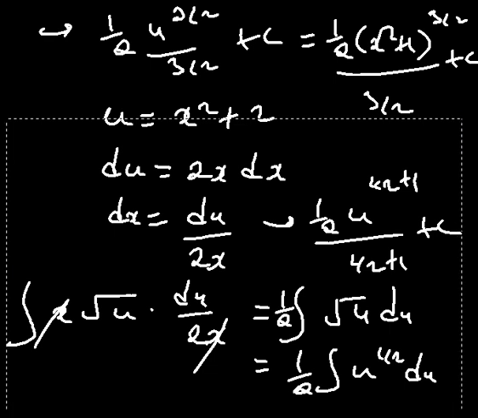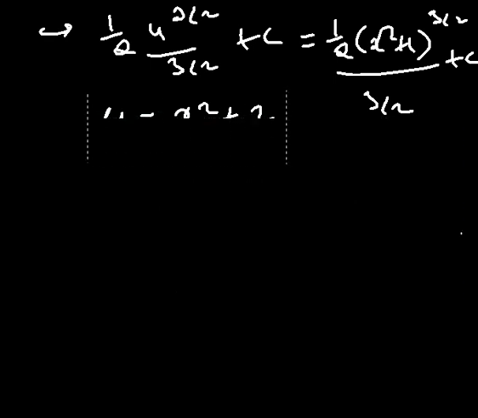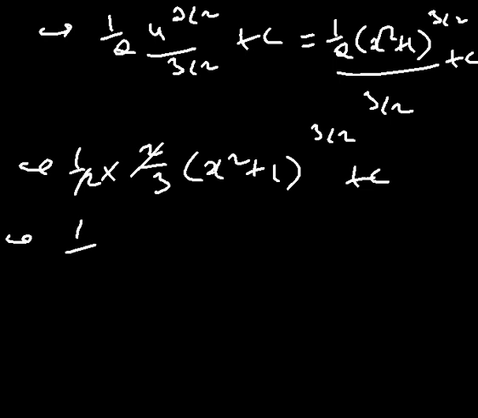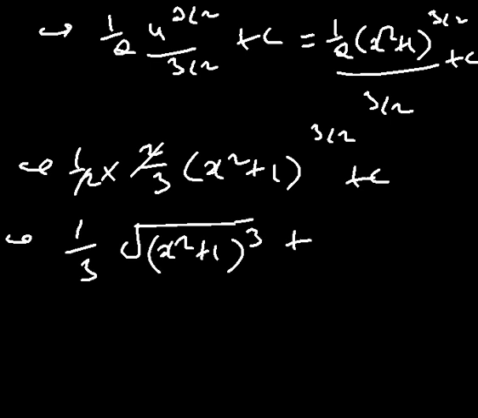And thus now we can have it as half times 2 over 3 and x squared plus 2 to the power 3 over 2 plus c. And these two cancel, and we have 1 over 3 square root of x squared plus 2, to the power 3, plus c. So this is how we should understand that one.